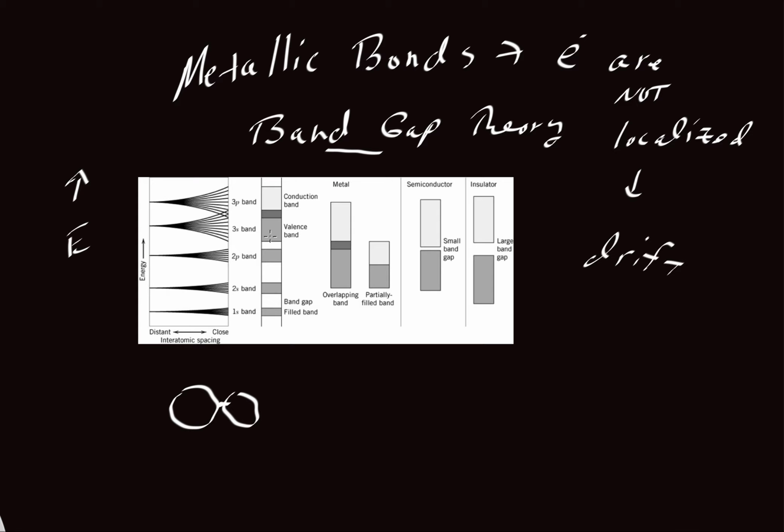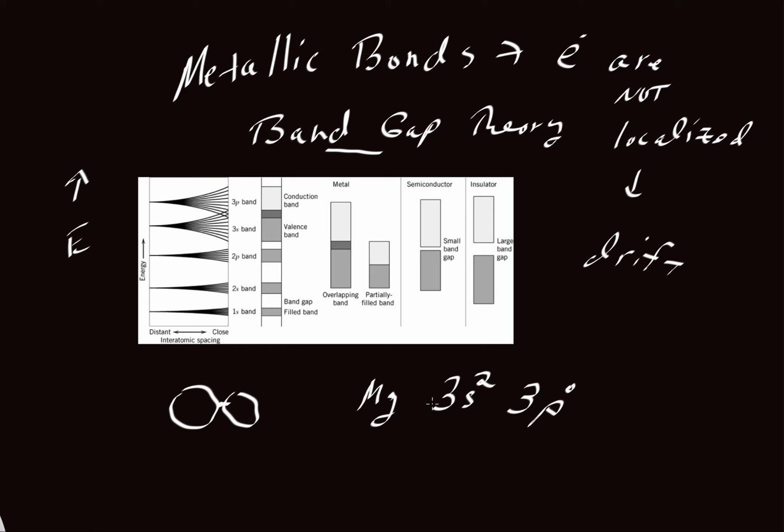So in this case, for example, they're looking at the 3s band overlapping with the 3p band. You might have an element like magnesium, and it has two electrons in its 3s orbital. Well, it has no electrons in the p orbital, so we can write 3p, and that would be a 0.